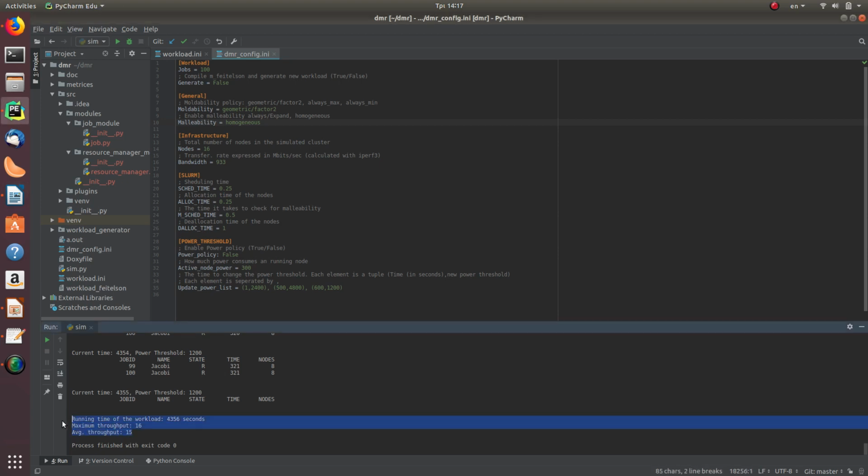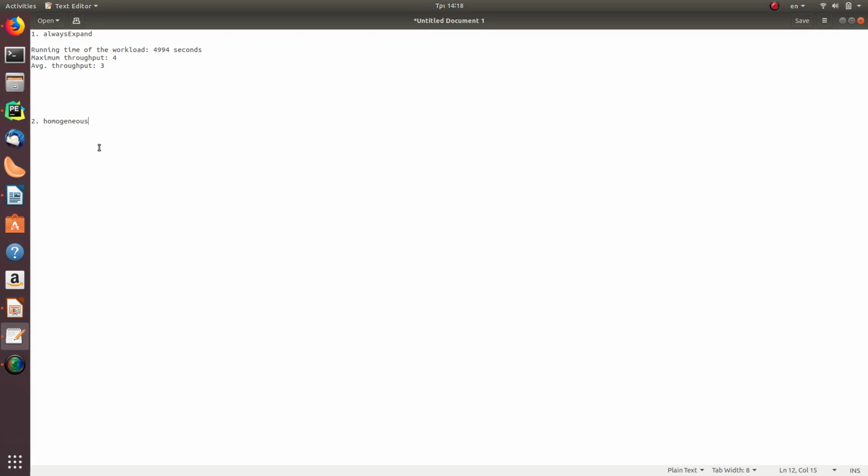Okay, let's copy this here. Okay, so we ran the same workload but with a different policy, and we can see the results are of course different. Here the execution time of the workload was 4,356 seconds, and the maximum throughput was 16 and the average 15. We can see clearly which policy is better for this workload.